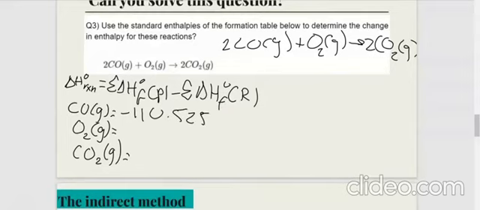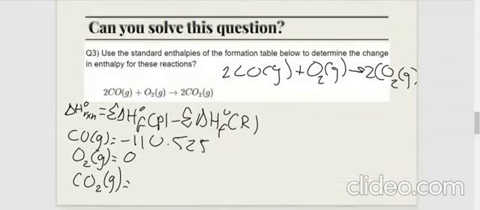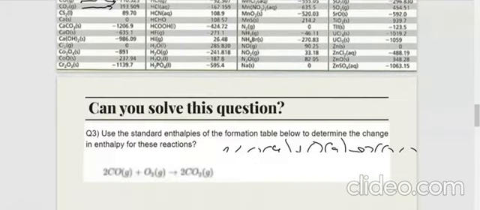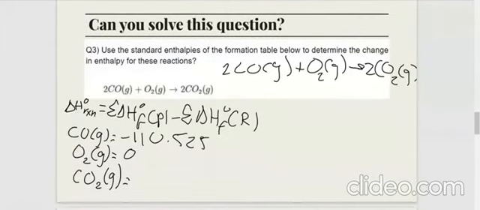For oxygen, we don't have to check the table because oxygen in nature is gas, so it is 0 kilojoules. Carbon dioxide is not an element, so we have to check the table. Carbon dioxide is right here, negative 393.5 kilojoules.